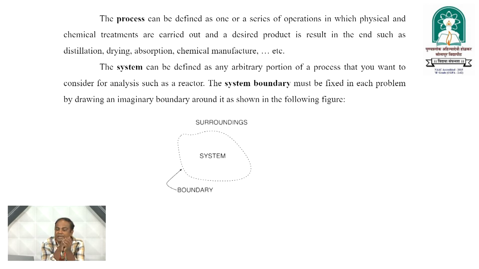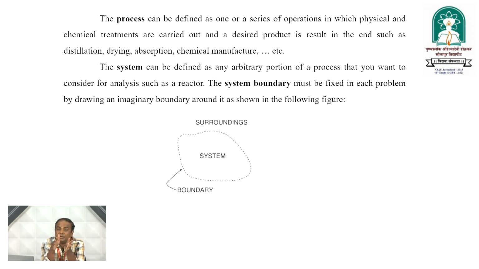One of them is the process. Any process means a series of operations that we perform industrially or in the laboratory, where a chemical undergoes certain physical or chemical changes. Any chemical which is about to undergo physical or chemical changes is under what we call a process.